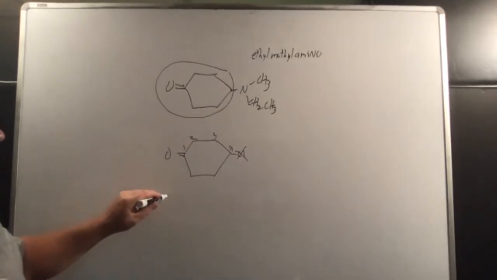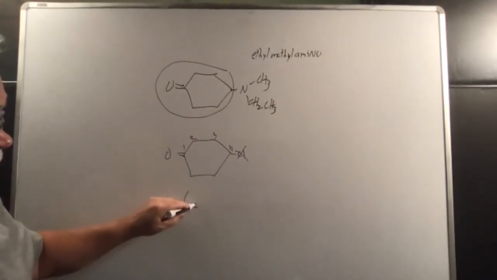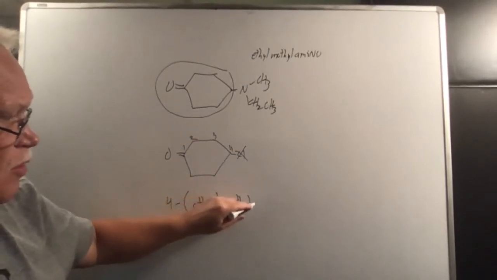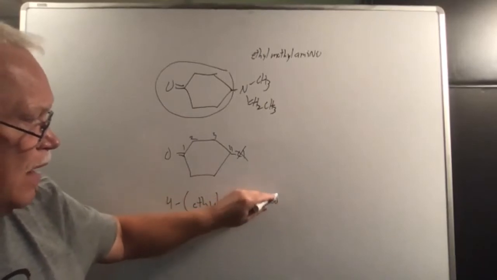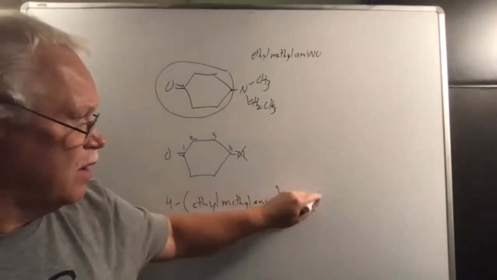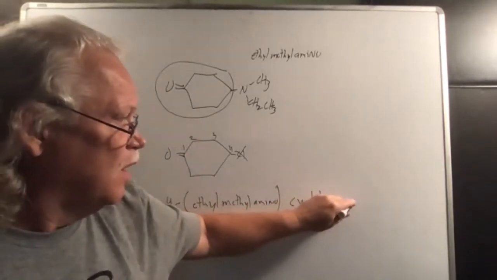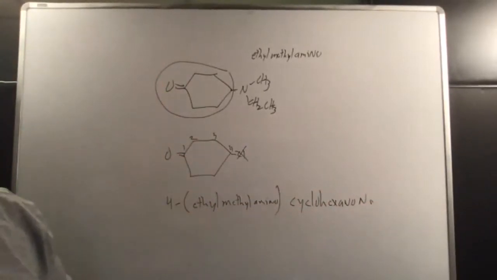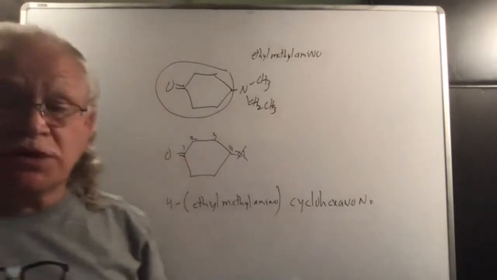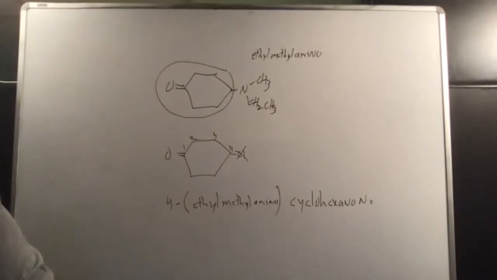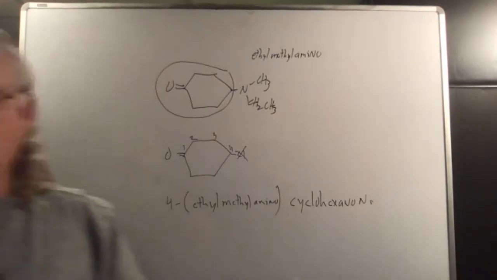So notice how I name it. 4-ethylmethylamino, and then I just name the rest of the compound. Cyclohexanone. Again, no number needed here because this is understood to be the 1 position. That's all there is to naming these amines by the simple way of naming these.